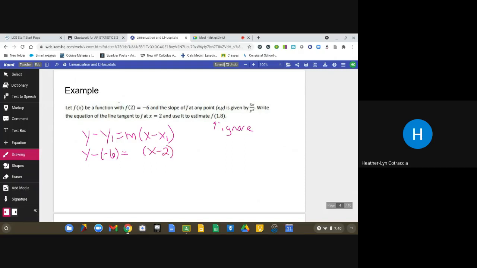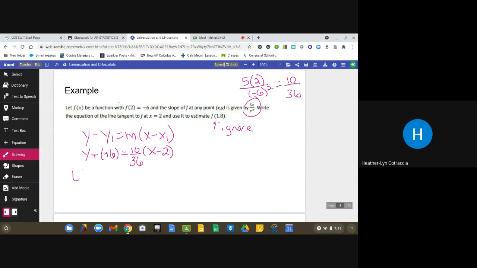Now to find my slope, they said the slope at any point is given by this. So that means I just need to plug in my values. So I'm going to have 5 times 2 all over negative 6 squared, which gets me 10 over 36 to be my slope. y minus a negative 6 is y plus 6.